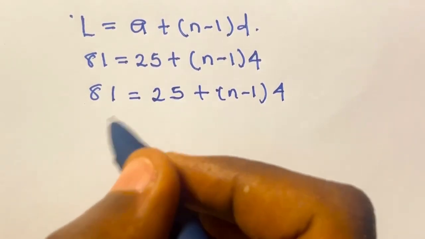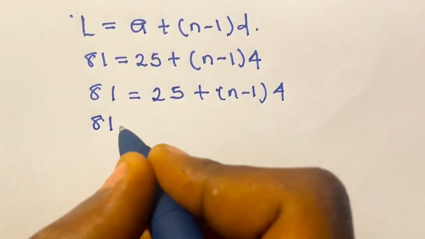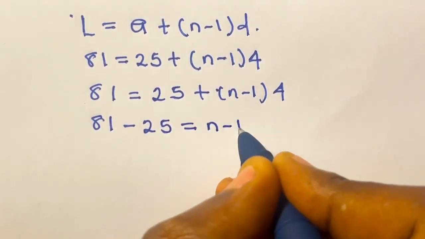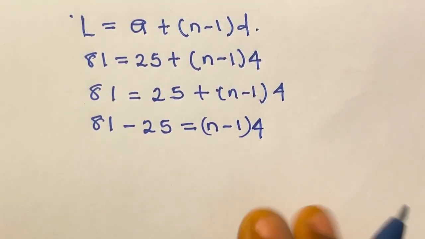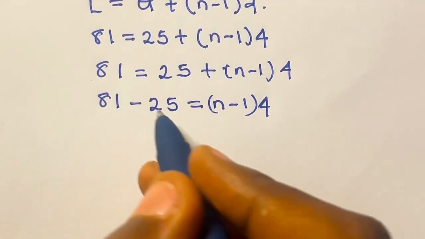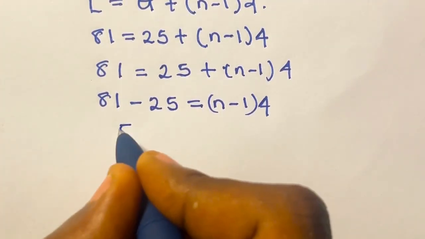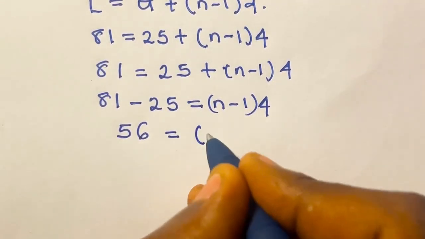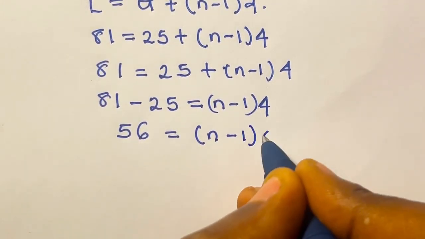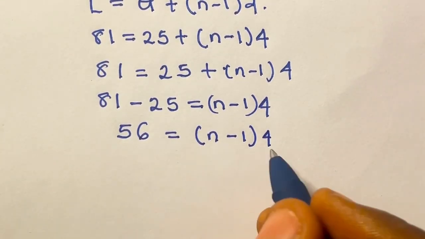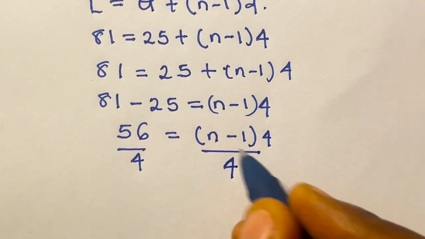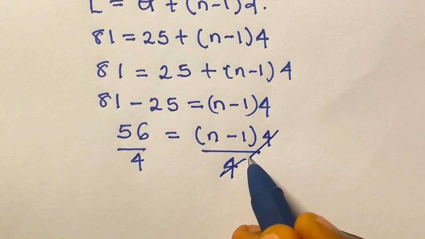We can transfer this 25 to the other side. So we have 81 minus 25 equals n minus 1 times 4. So then 81 minus 25 will give us 56, right, equals n minus 1 times 4. If you divide both sides by 4, this will cancel out this.